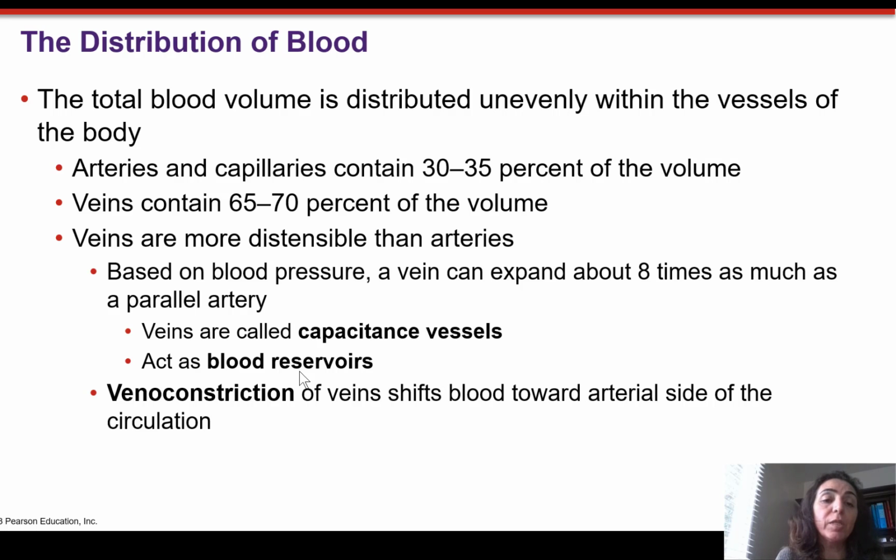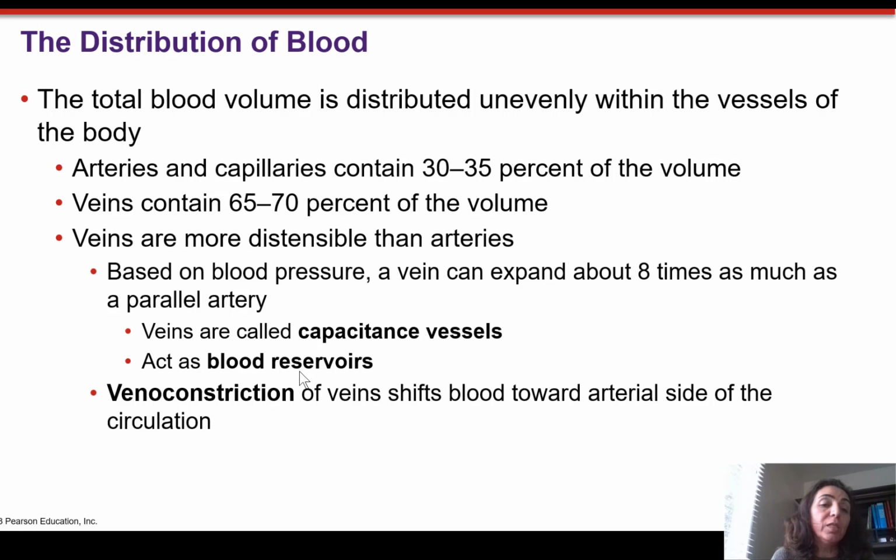It's not. Arteries and capillaries contain about 30-35% of the whole volume of the blood of the body. On the other hand, veins contain about 2/3, 65-70% of the volume of the blood. So as you see, it's a huge number, 2/3 of the blood is inside of the veins.